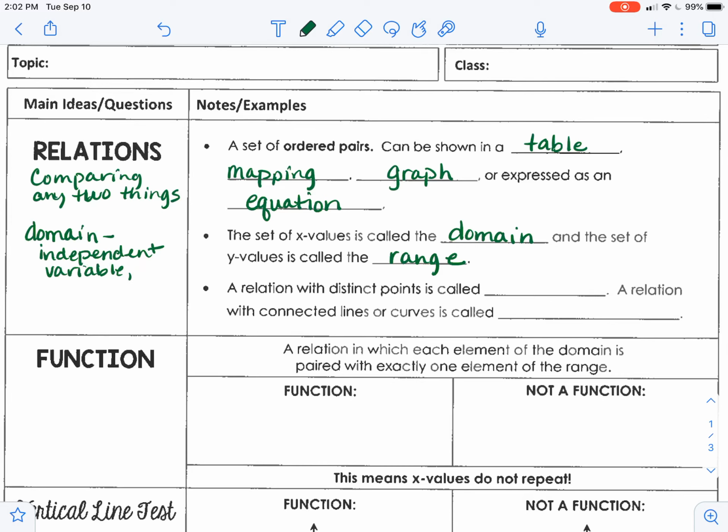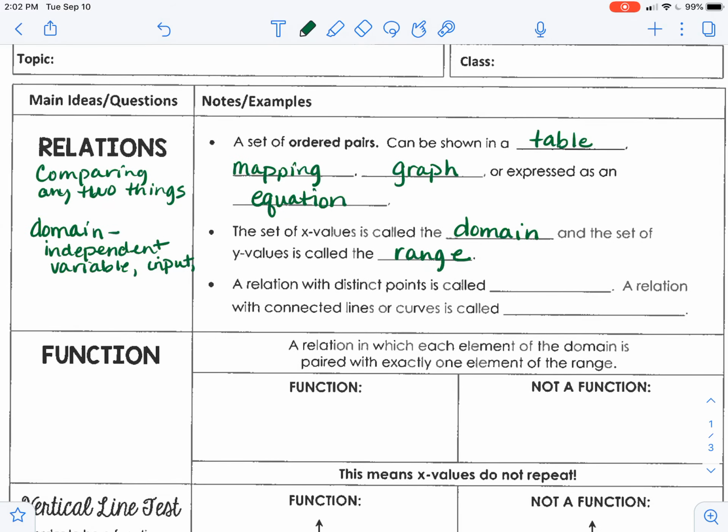You might hear it referred to as the input. And then, of course, the X value. So domain, independent, input, X, any of those are our domain.